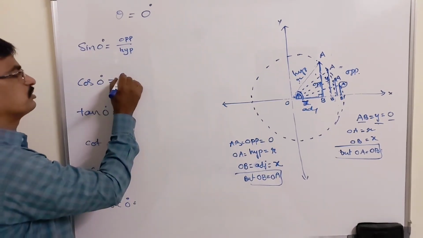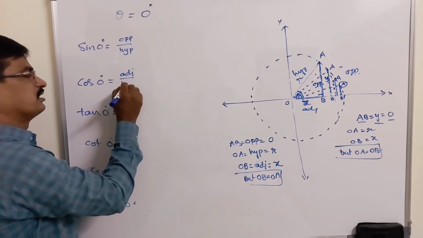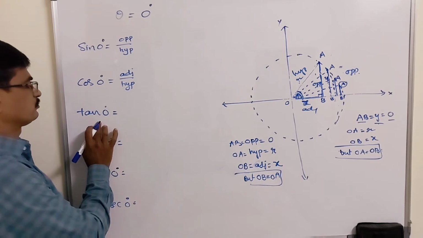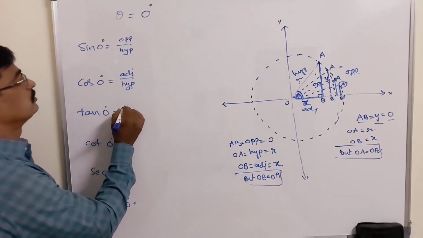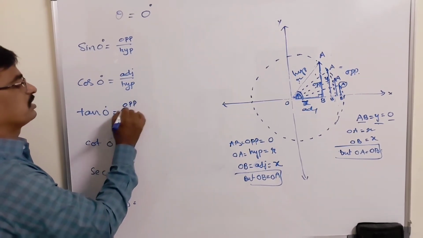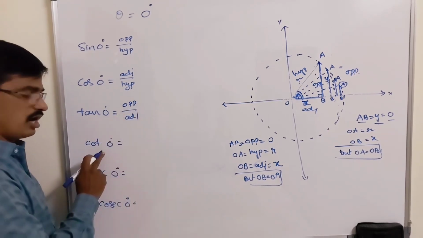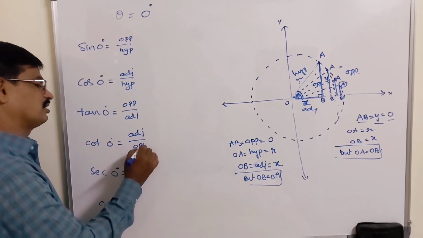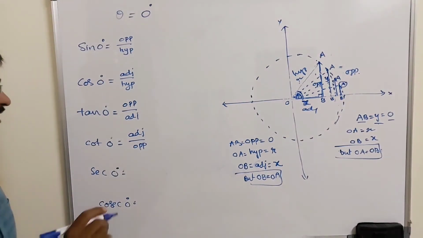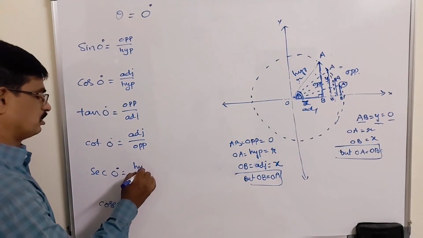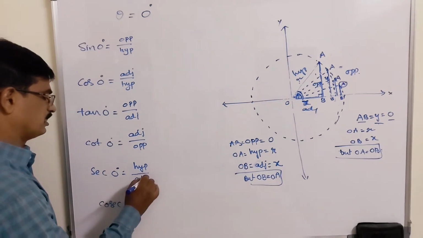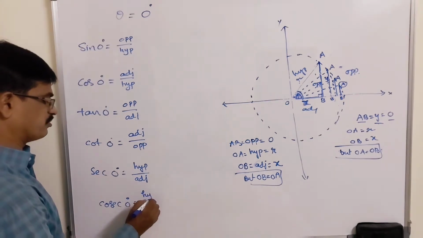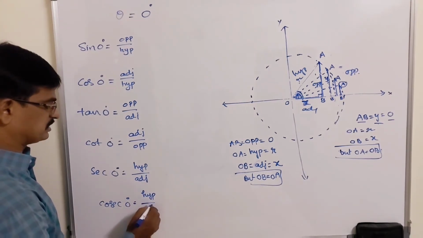Cos 0 degrees is equal to adjacent side by hypotenuse. Tan 0 is equal to opposite side by adjacent. Cot 0 degrees is equal to adjacent side by opposite side. Secant 0 is equal to hypotenuse by adjacent side. Cosecant 0 is equal to hypotenuse by opposite side.